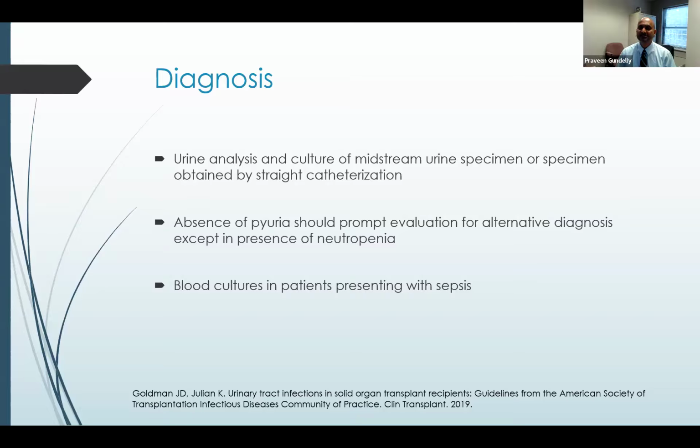In certain cases, it's difficult because some patients can have pyuria and positive urine cultures, but the reason the patient presented is some other infection like pneumonia or an intra-abdominal infection. So whenever we evaluate a patient, we need to do a complete physical exam and history taking, just to see what their symptoms are and everything.